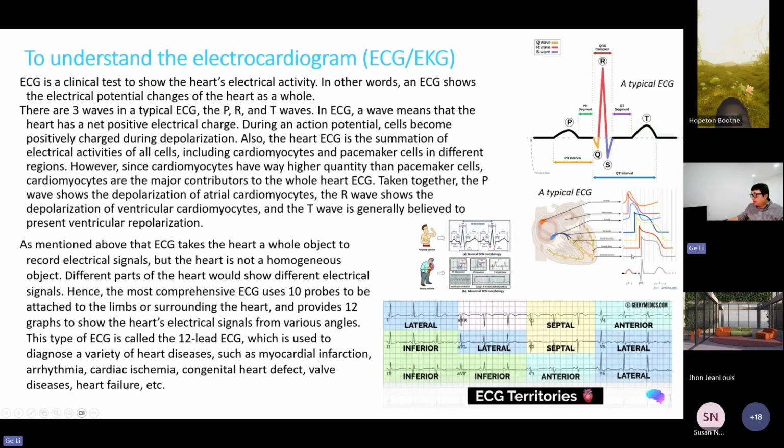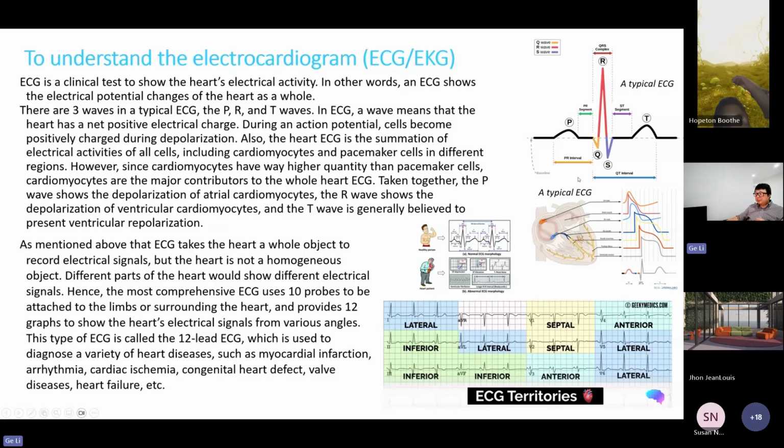action potentials of, for example, atrium cardiomyocytes, ventricular cardiomyocytes, AV node pacemaker cells, SA node pacemaker cells, all of them together. However, which one contributes the most? Again, cardiomyocytes.